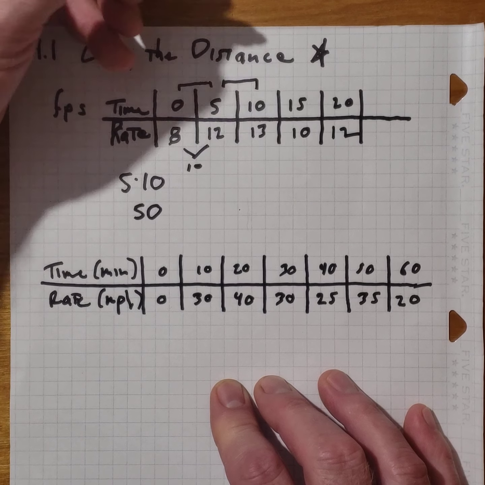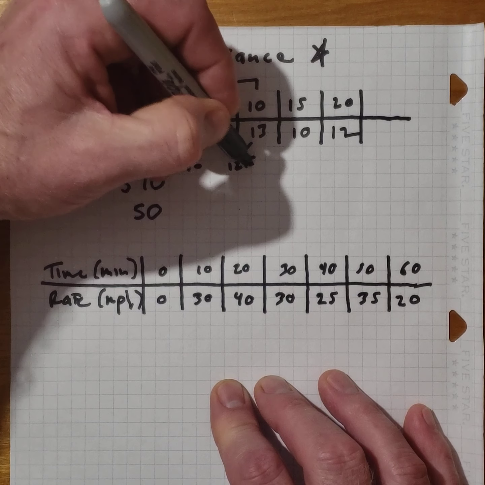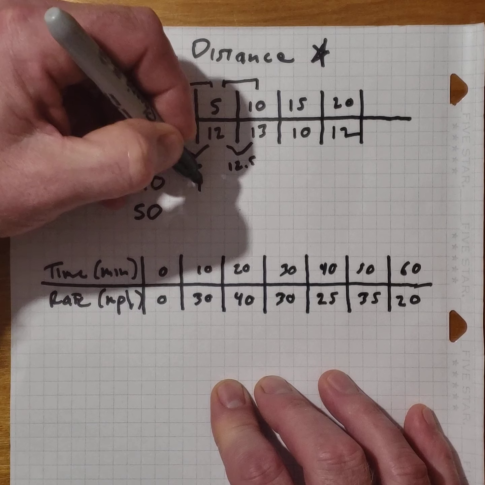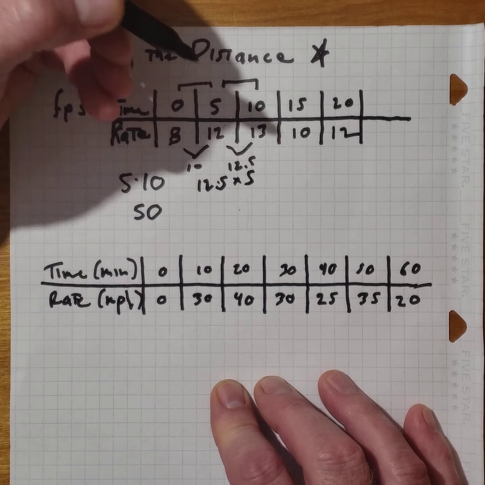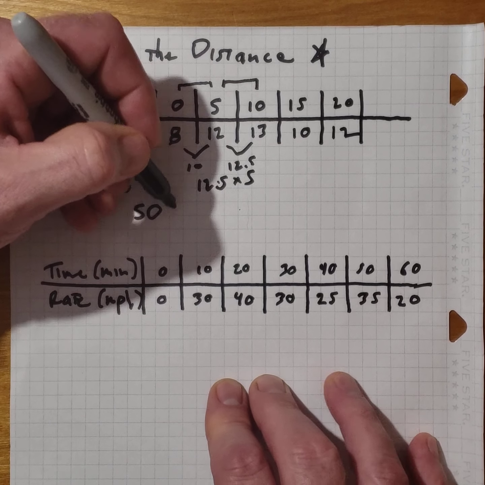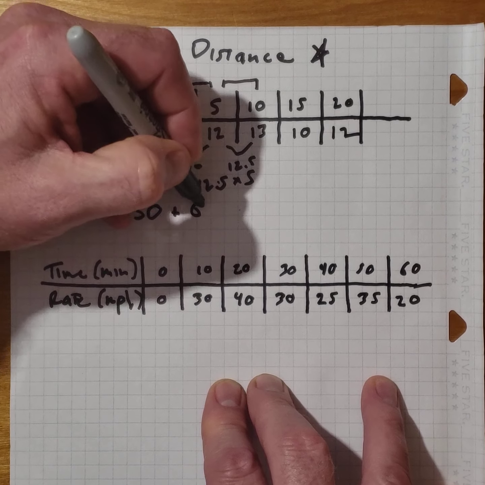During the second 5 seconds, between 5 and 10, it was probably going around 12 and a half. So I'd multiply 12 and a half times the 5 second duration, and that comes to 62.5, I believe.